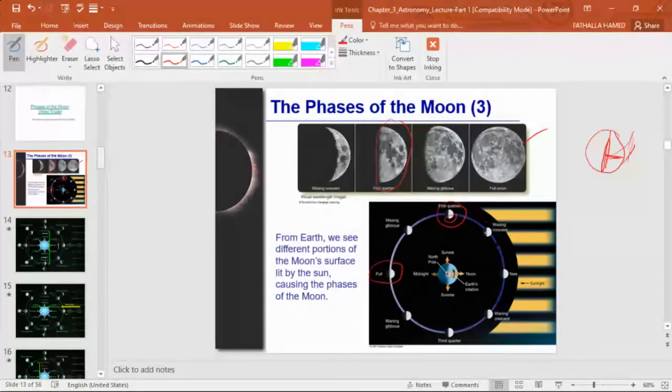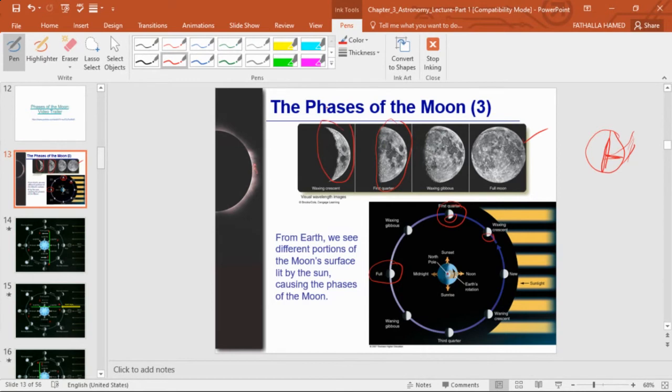Now, anywhere in between, of course, you're going to see less than the quarter, only that portion of the Moon that is facing us, and that's why it gives us a crescent.